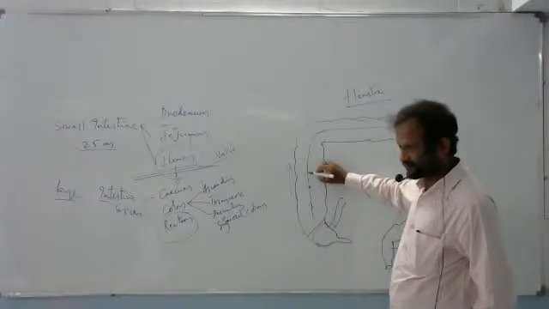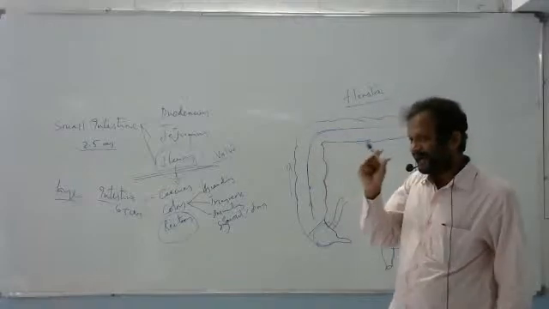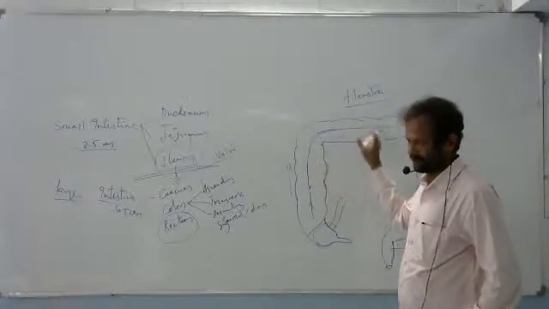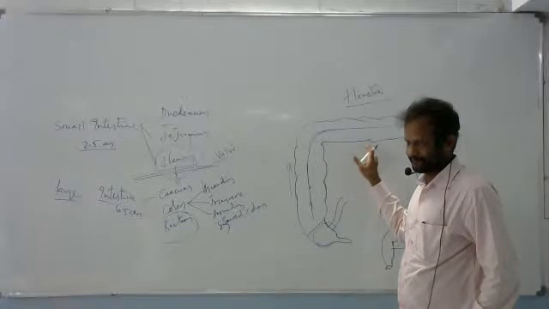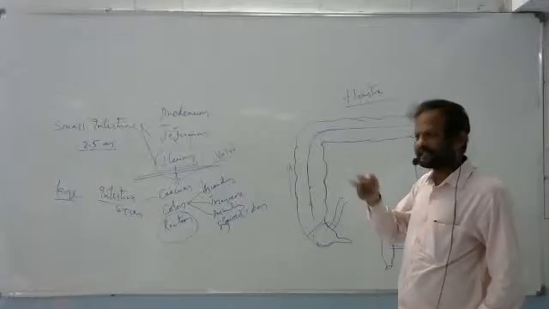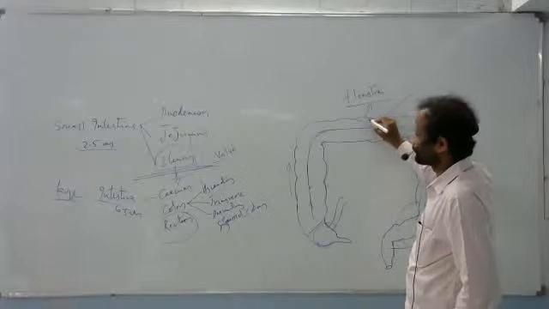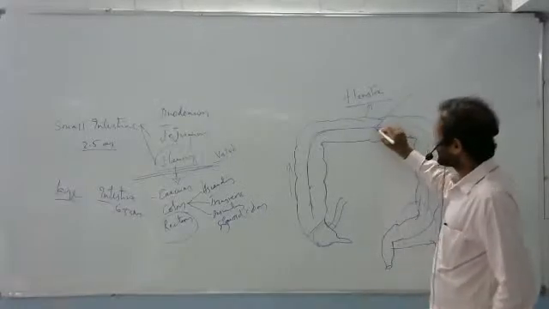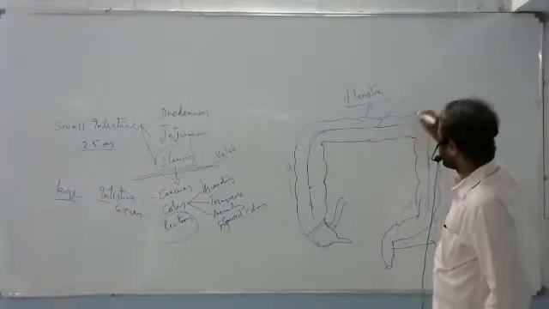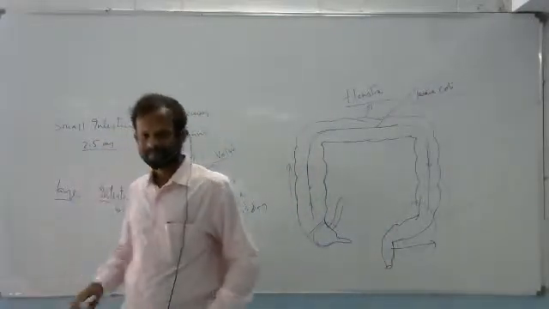I am showing one line here. This line is nothing but a band of muscle present on the wall. This type of longitudinal bands of muscles can be seen. This band of muscles is called the taeniae coli. So these two terms you have to remember.